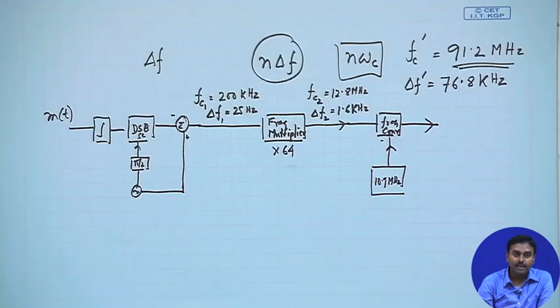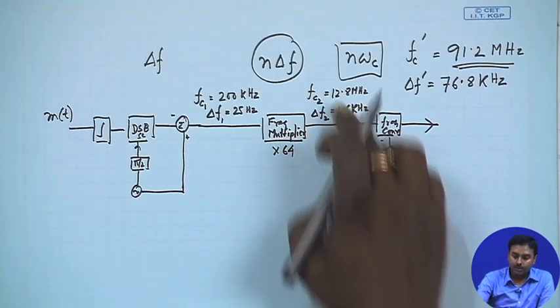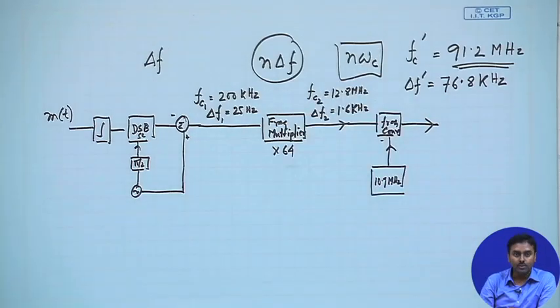So, what will happen if I just do this, your this frequency, the FC2 will get translated to a higher frequency, but del f will remain the same because I am not tinkering with, I am not passing it through a local oscillator, it is just a frequency translator, it will just take it to a higher frequency, nothing else. The frequency deviation will not have any effect on that.